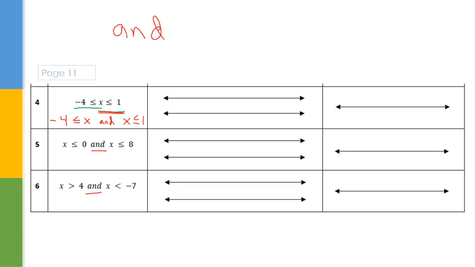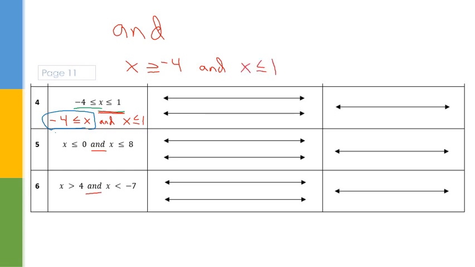Now for me personally, I do not like writing inequalities like this with the -4 is less than or equal to with the variable on the right because I think it can get confusing. So I'm going to modify this even more. I'm going to write it up above it here. I'm going to flip it. So now it's going to be x is greater than or equal to -4, and it's a compound and x is less than or equal to 1.